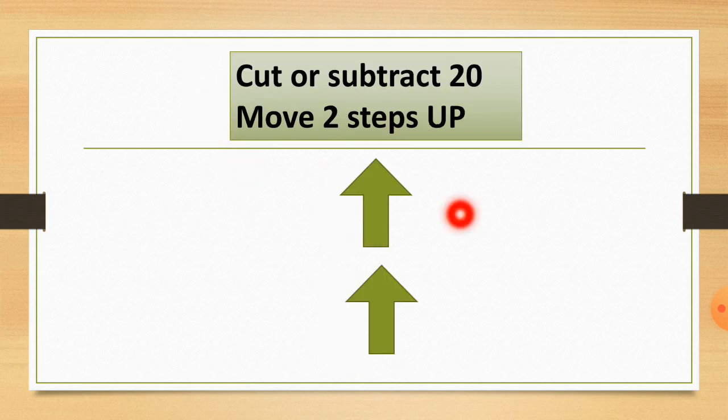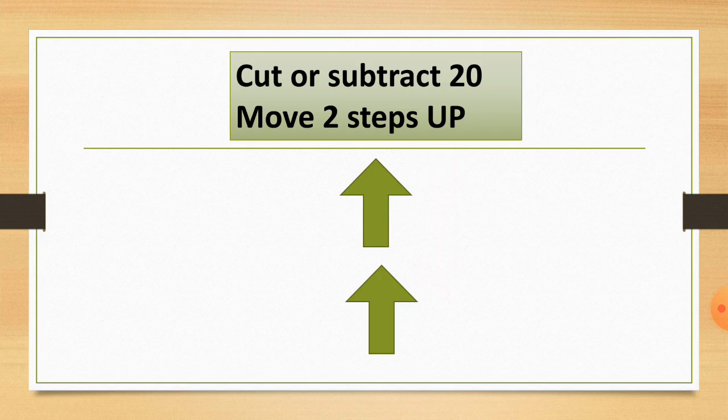If you want to cut or subtract 20, you have to move 2 steps up from the number. As we saw, to subtract 10 we move just 1 step, but here we have to cut 20, so we move upside 2 steps.